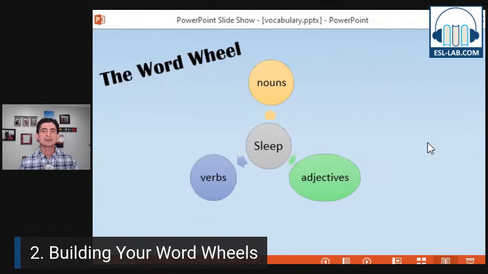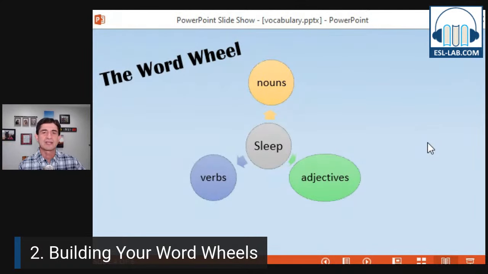Okay, so imagine, for example, that you're looking at the word sleep. And the word sleep is not a level 29 word. Right? Sleep, often students think of it generally as a verb, right? She sleeps a lot, the baby sleeps a lot, the dog is sleeping. And so often students, when they find a new word, think, I know the word, I check it off and go to the next word.